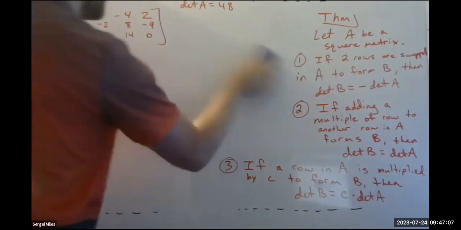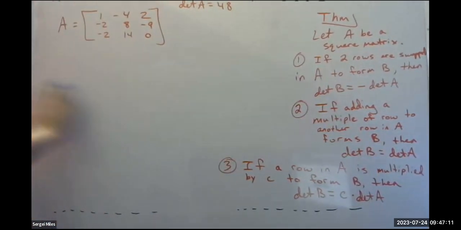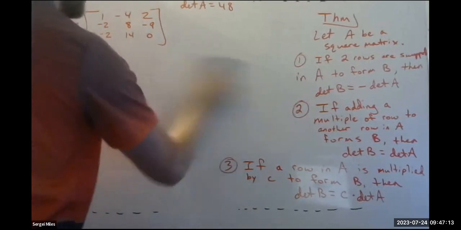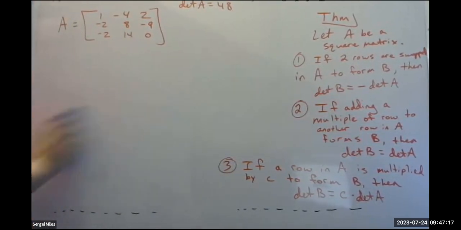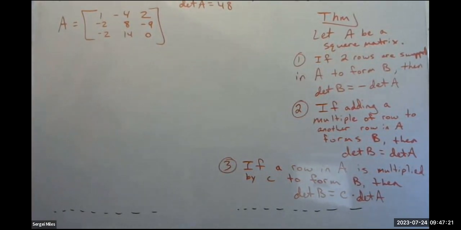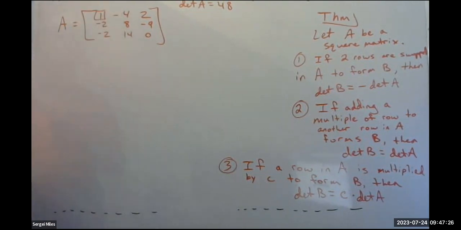Now let's try reducing the matrix into something with more zeros to make things nicer for us. All right. So first of all, if I'm trying to row reduce this, that means I want to get a pivot below 1.